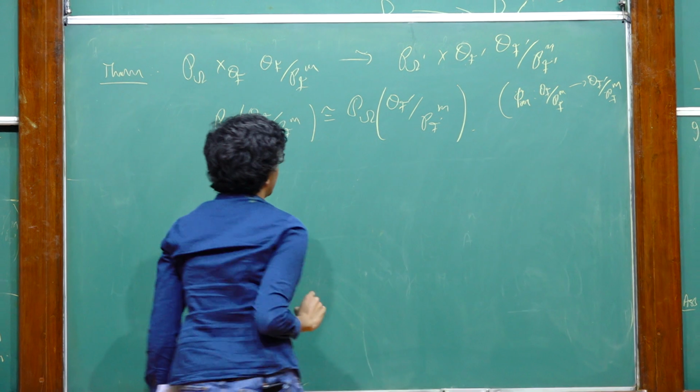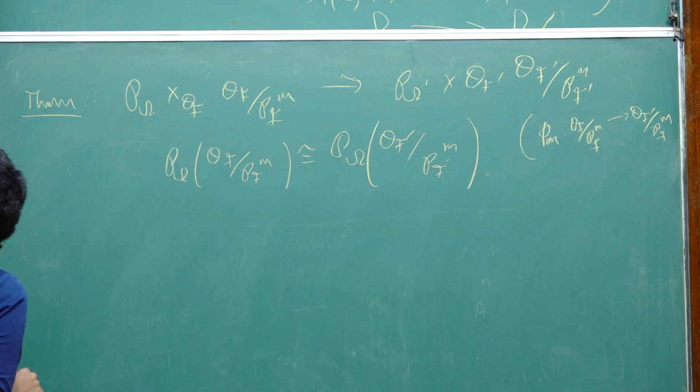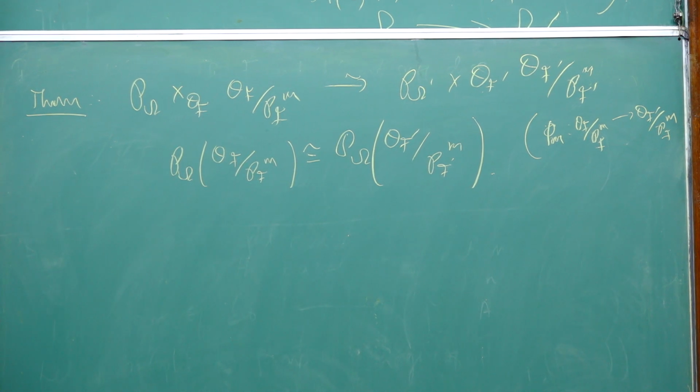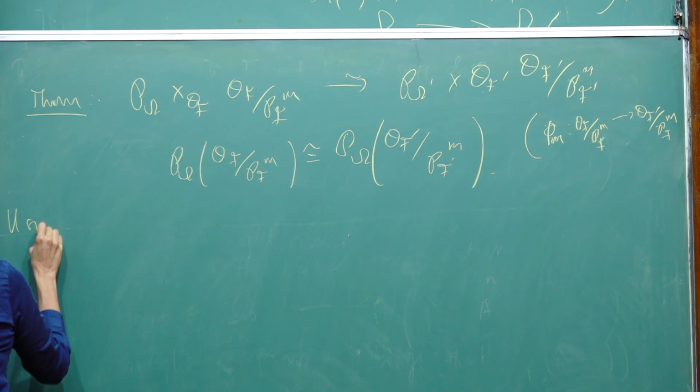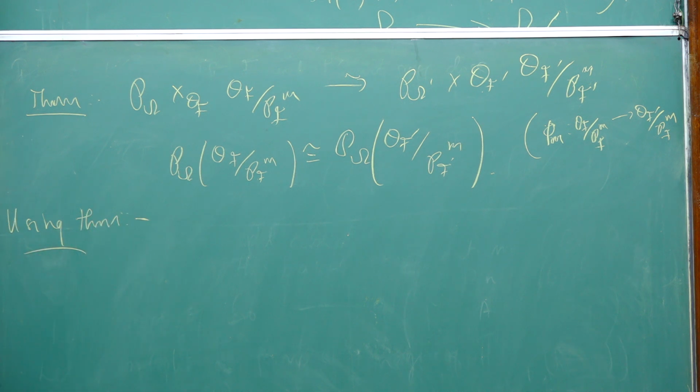So this resolves the first issue that I had mentioned. I wrote down the idea only for quasi-split groups, but this works in general.